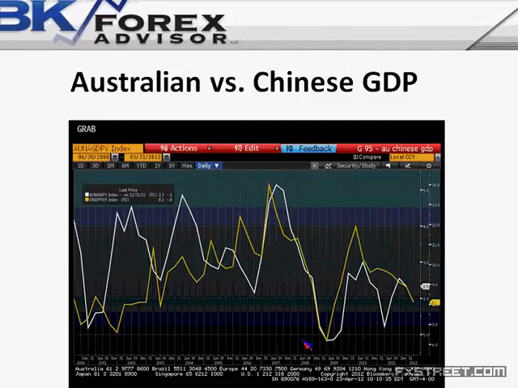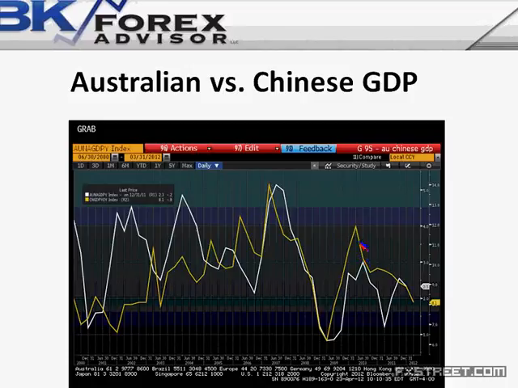So this is important because if you take a look at this chart here, in 2009 we had a nice little explosion in Chinese growth. That led to a nice little explosion in Australian growth. Then we started to top out in the Chinese economy pretty much at the beginning of 2010, and the Australian economy didn't top out until the first quarter of 2010.